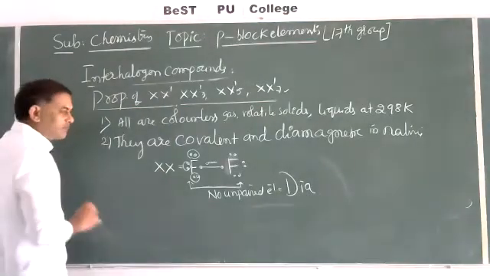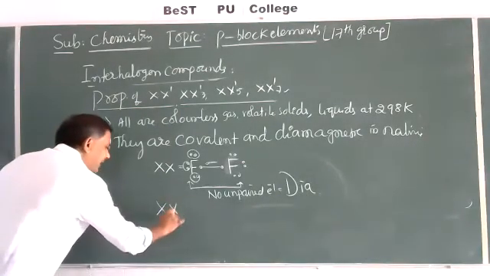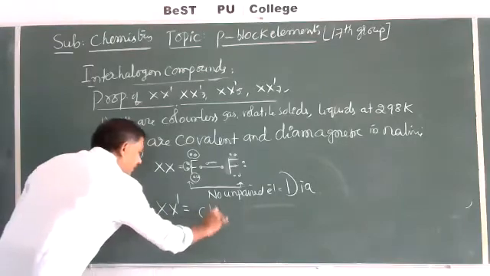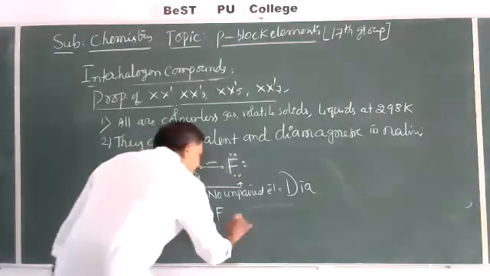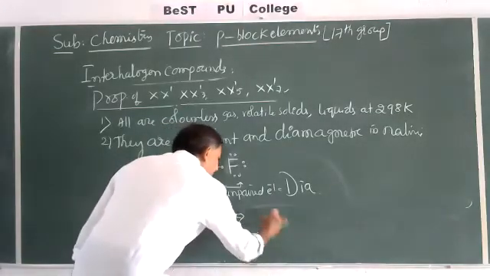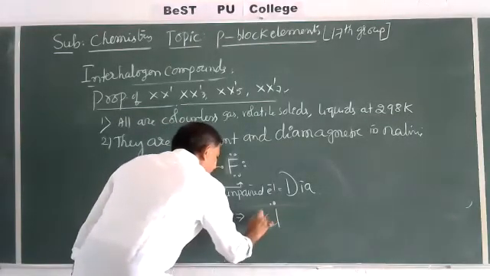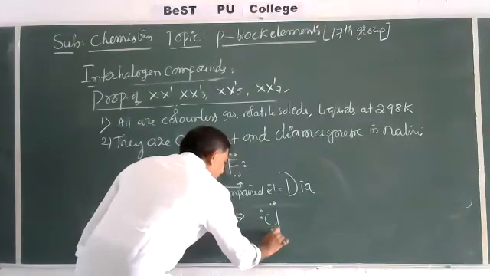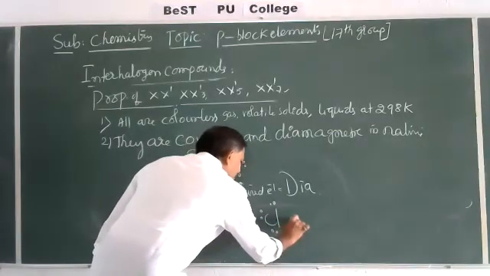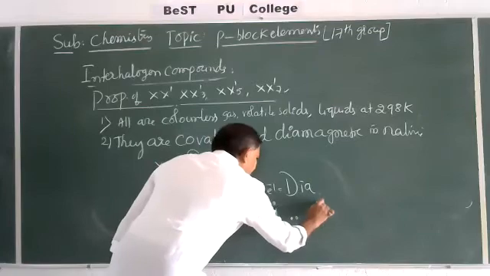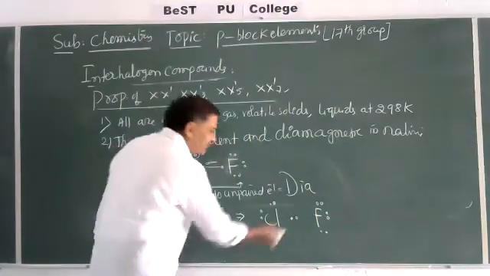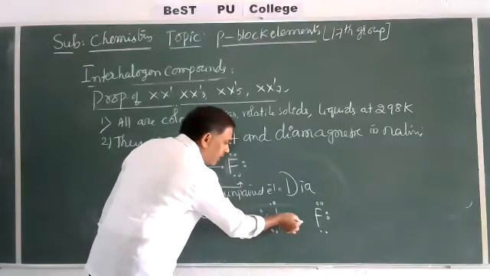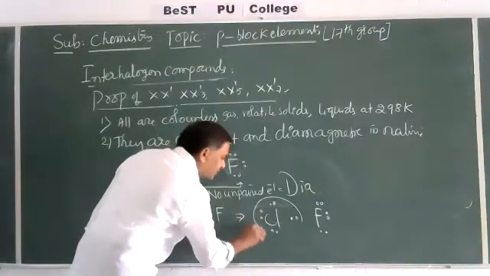Similarly, X dash also, like ClF is there. In this ClF, chlorine in its outermost orbit contains 7 valence electrons. Out of 7, 1 is donated to the fluorine. And the fluorine, also the same family member, also contains 7 valence electrons. It also contributes equally, and equal sharing takes place.